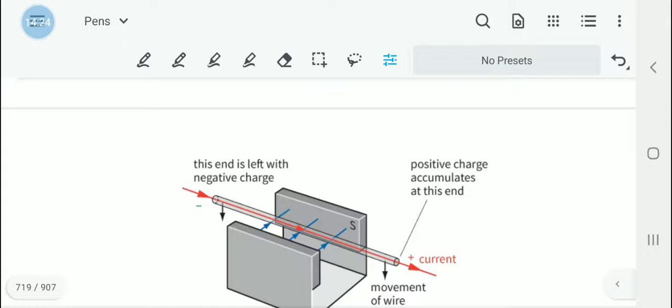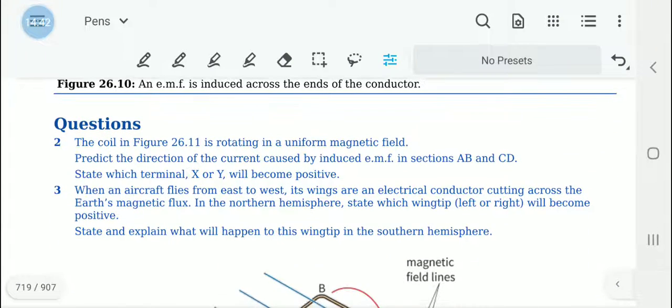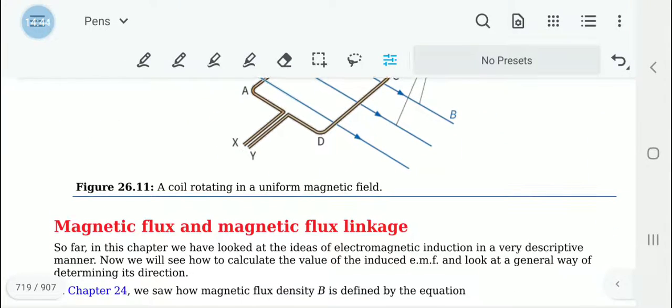Leave a line, put a star and write down: when this is connected to a circuit, the electrons will flow from negative to positive. And please draw figure 26.10 so that you would understand it better, and then answer questions 2 and 3.